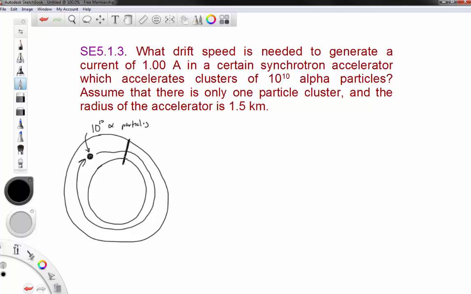So here is the cross-section that we might care about. And we basically need this thing to pass through this cross-section enough times that we can generate this 1 amp. And by the way, this is sort of an average.